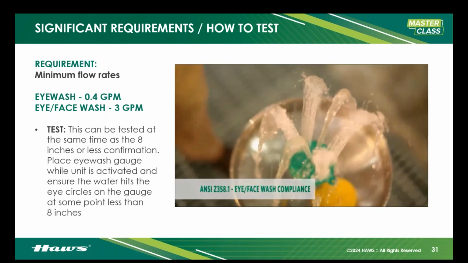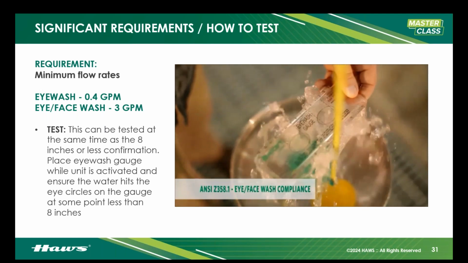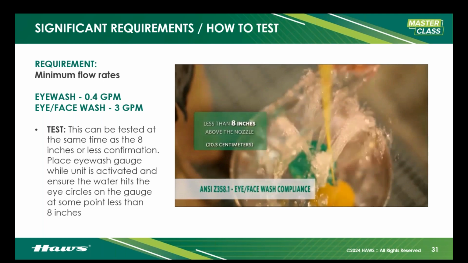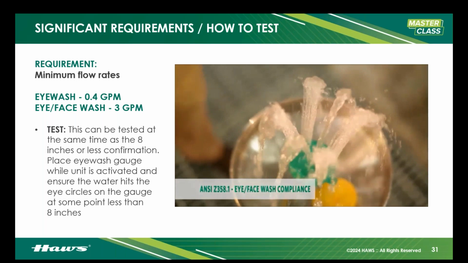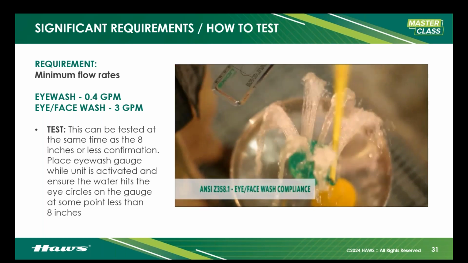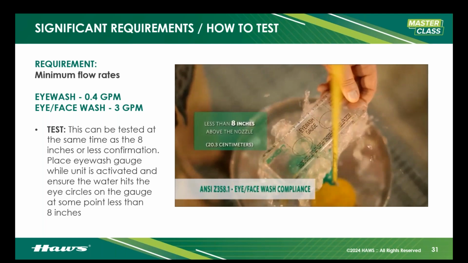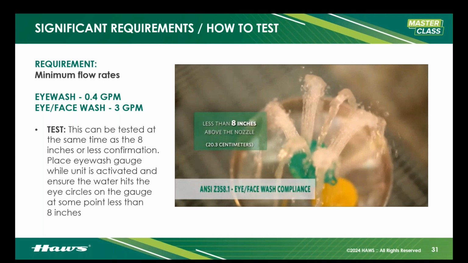It's meeting that gauge and it's telling us there is enough water here and this is usable. This is going to meet your eyes and it's going to flush the face and eyes properly. Okay, so start at 8 inches, slowly lower it all the way down to 0 if it aligns with gauge guidelines and it's compliant, and it has to fill those eye circles with water. Okay, that's what you're looking for.